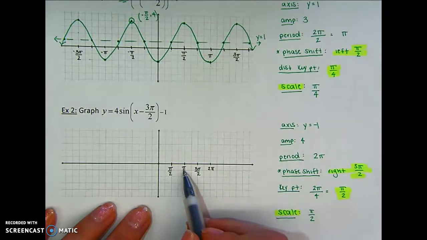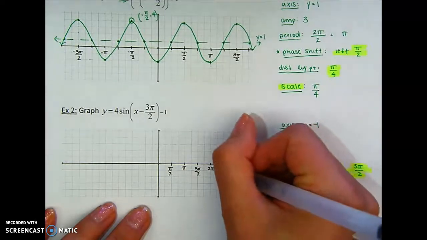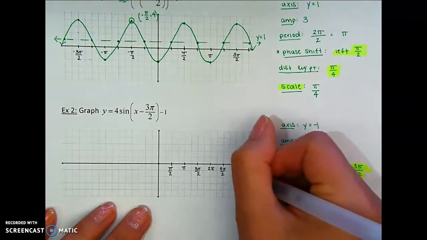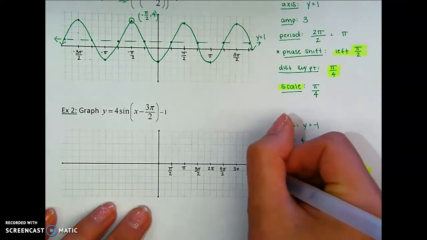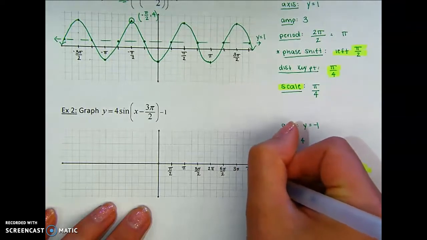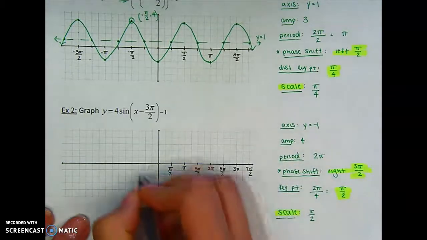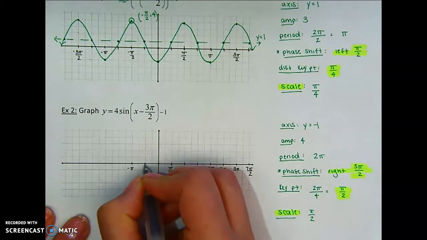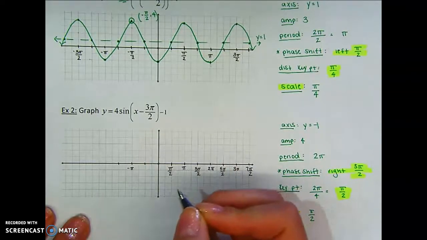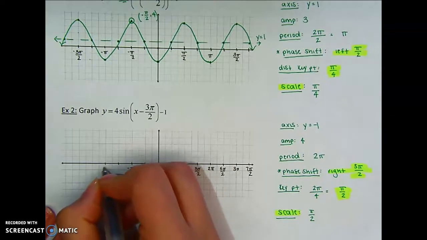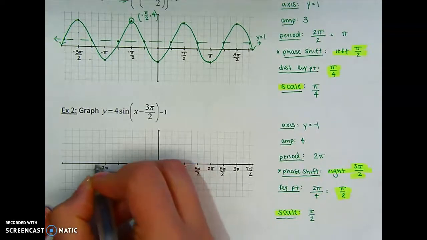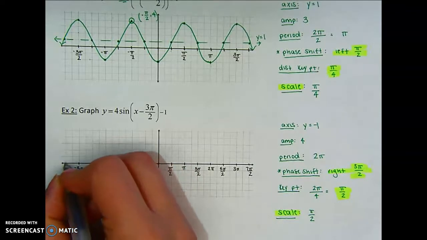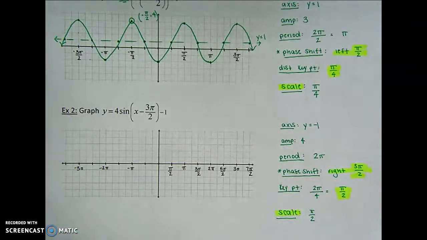So 1, 2, 3, 4, 5 pi over 2, 6 pi over 2, 7 pi over 2. I'm going to do every other this time. Okay, so there's my scale.